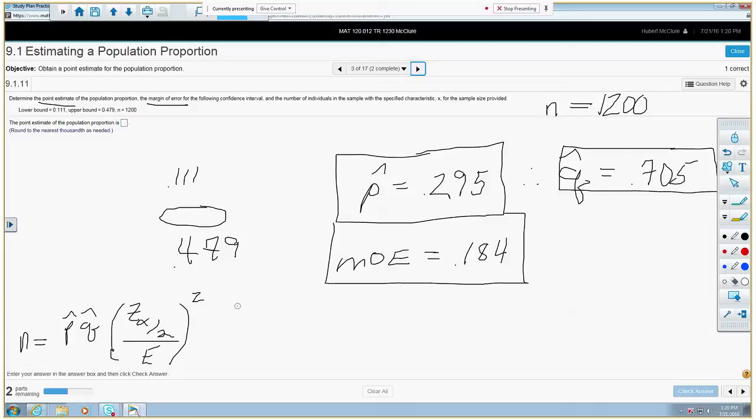All right. Now we've got everything we need. That's the sample size, and that's what they're asking for right here. So, punch everything in. I'm not going to do that for you. And that big E down there, that's your margin of error.